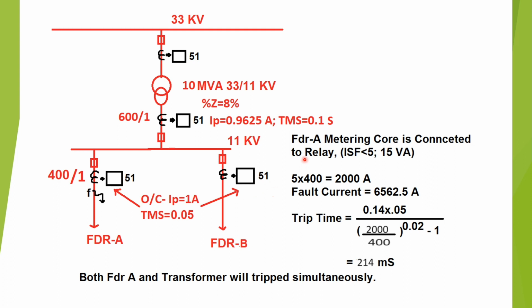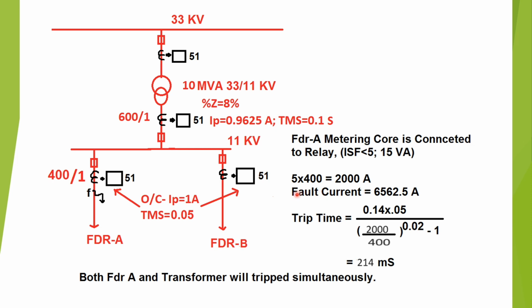Now consider that the feeder A metering core is connected to the protection relay, that is the overcurrent relay. The ISF, that is the instrument safety factor, for the metering core is less than 5 under rated VA, that is 15 VA. So if 5 times the rated current flows in the primary side, that is 2000 ampere, then the CT will saturate.